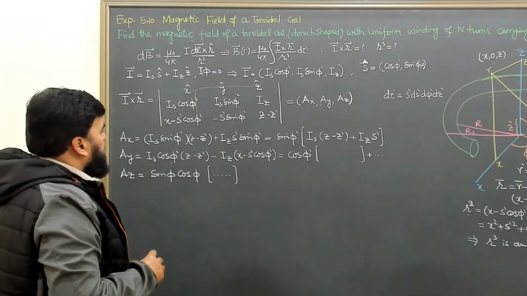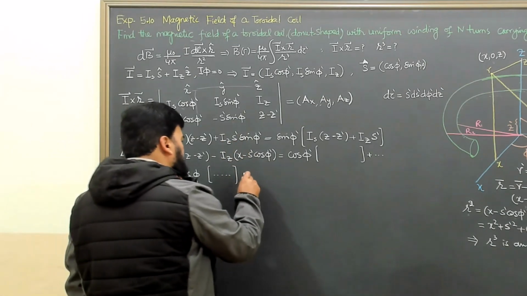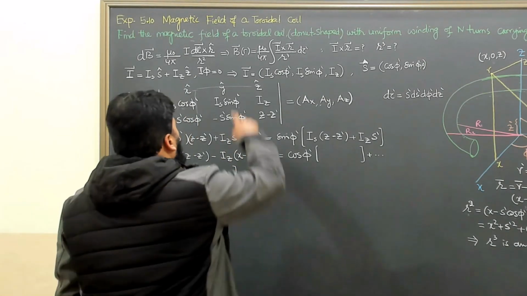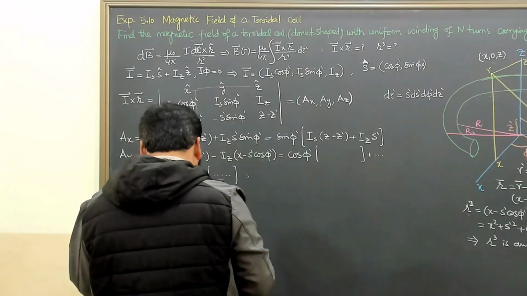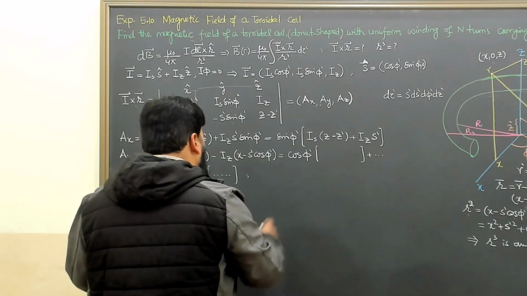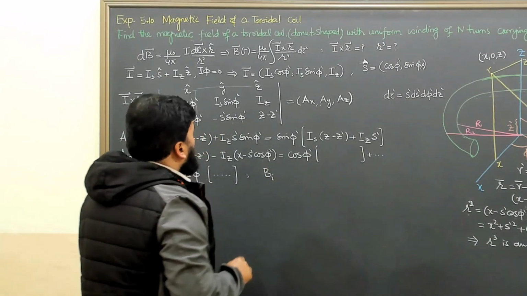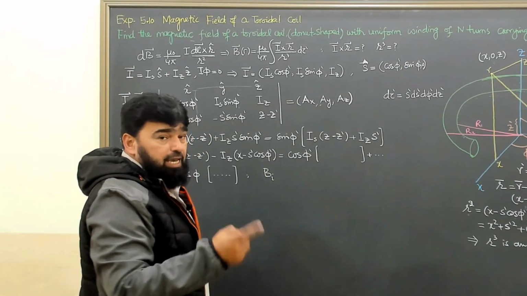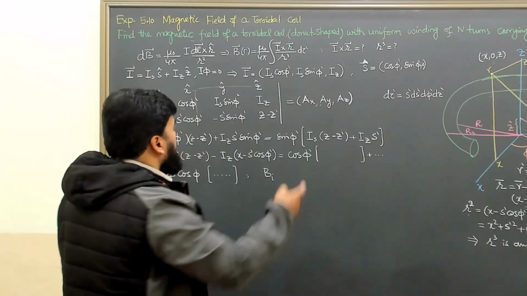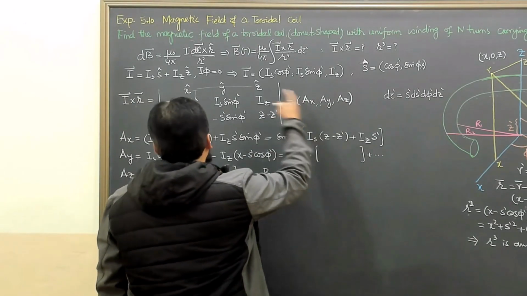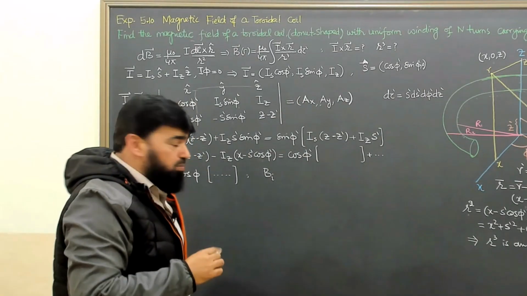Starting from this generalized form, I can write that now here the Bi, so it can be Bx, By and Bz, dependent on Ax, Ay, Az as I cross r components.